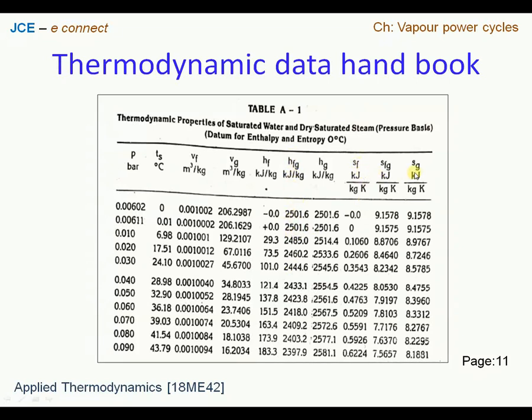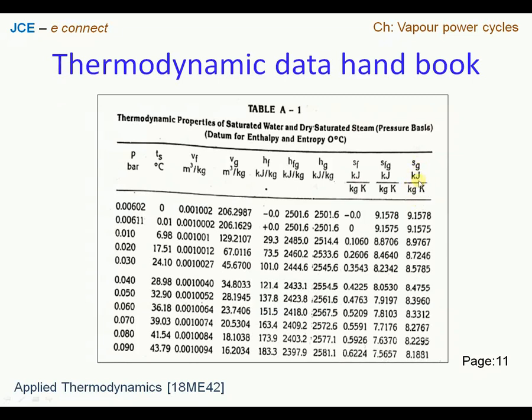Now moving on to further properties, we have entropy here. Entropy at the saturated liquid point is given in kilojoule per kg Kelvin, and then we have entropy with reference to latent heat of vaporization, kilojoule per kg Kelvin, and then entropy at the gaseous point, that is, the dry saturated condition.